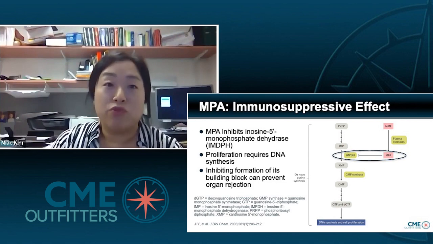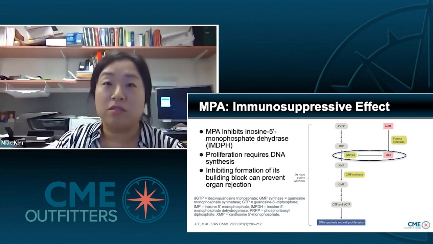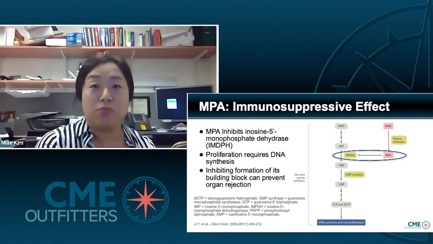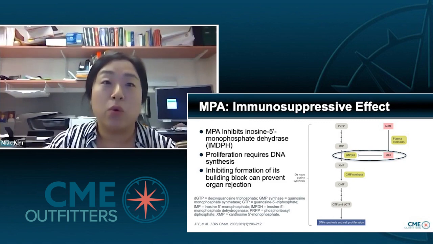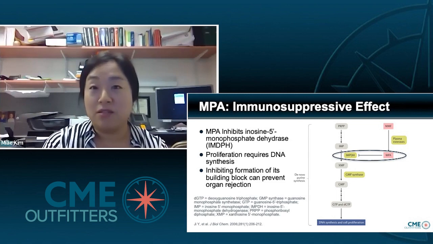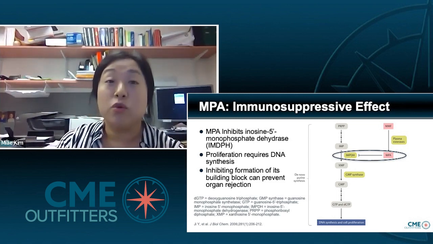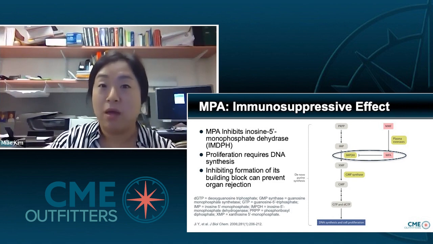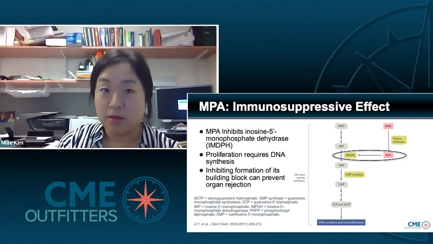Since proliferation requires DNA synthesis, inhibiting the formation of its building blocks, which are purine monophosphates in this case, can prevent organ rejection. Its inhibitory effect is somewhat selective for lymphocytes, as they are particularly dependent on the de novo biosynthetic pathway, while other cells can recycle purines through the salvage pathway.